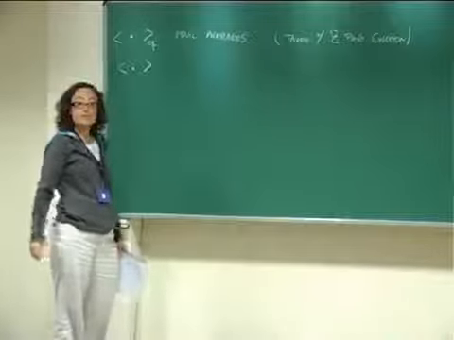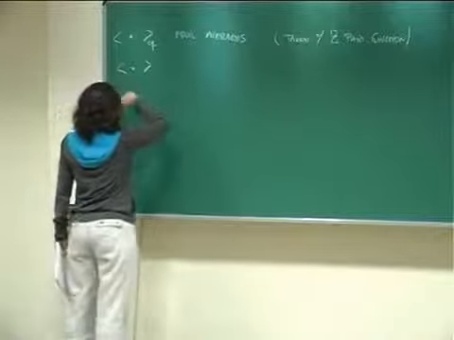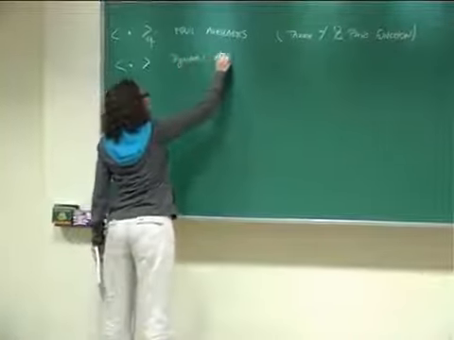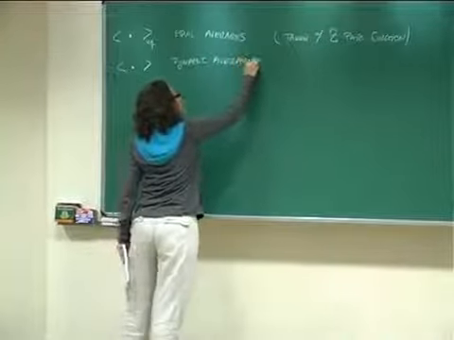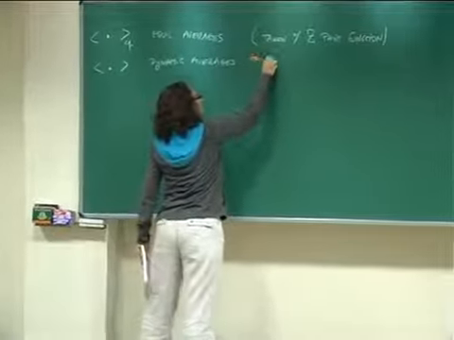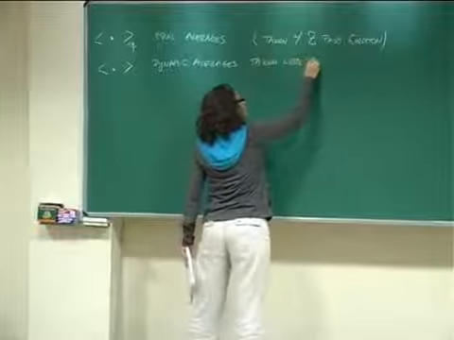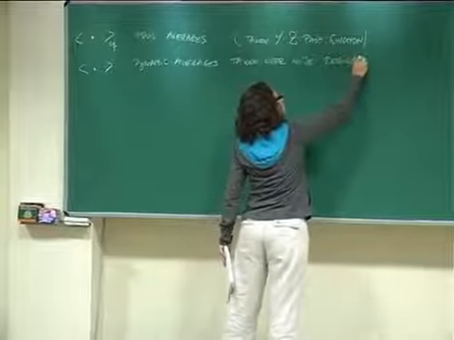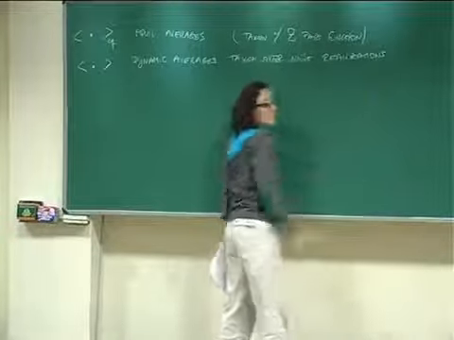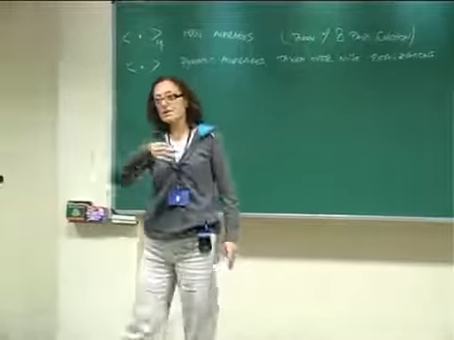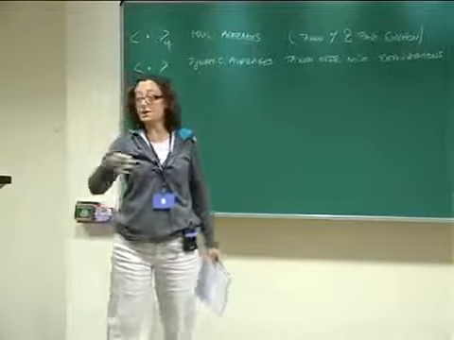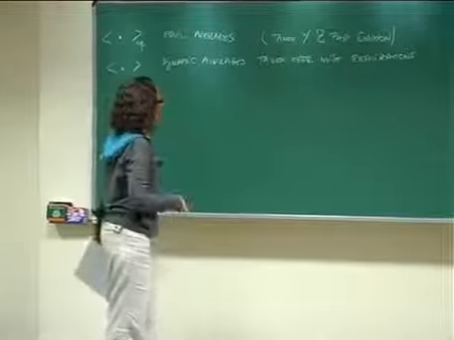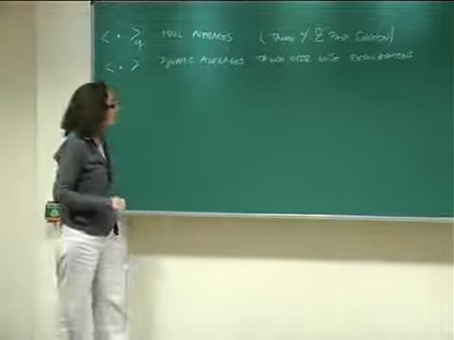Yesterday I used this one to denote dynamic averages taken over noise realizations. So if I think in terms of an evolution dictated by a Langevin equation, this means averages over different realizations of the noise taken with the probability distribution that I will attribute to the noise.